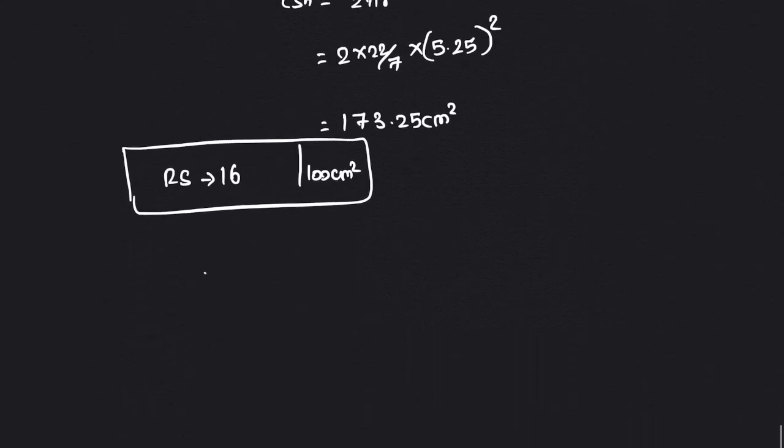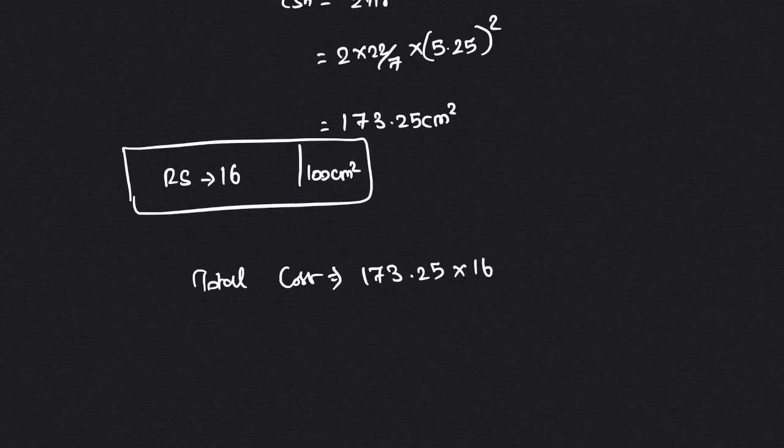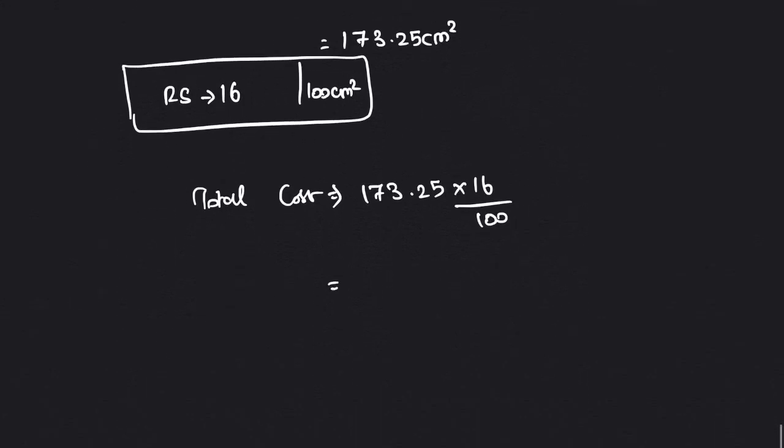So the total cost is 173.25 multiplied by 16, but it is not 1 centimeter square, it is 100 centimeter square, so we need to divide by 100. After simplifying, we get 27.72 rupees for the total value.